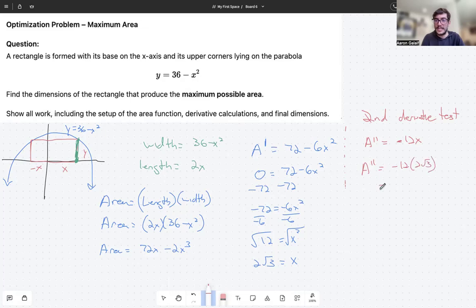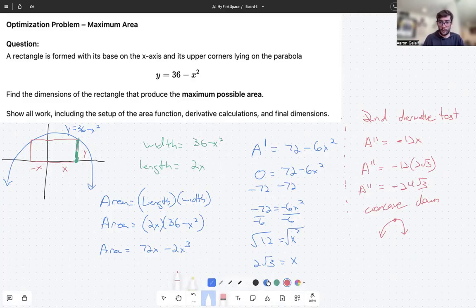And what we see here is we get a negative value for our double derivative, which means it's concave down, giving us this shape, which solidifies that it's a maximum. We did know it was concave down because it is a parabola. However, some teachers do ask for this. So this is how you determine and prove it's a maximum or a minimum using the concavity.